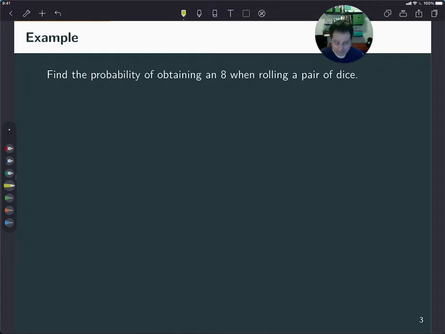The way I like to set this up is to distinguish between the 2 dice. I'm going to say I have 1 die in yellow that can land on any number between 1, 2, 3, 4, 5, and 6. Then I have another die in orange that can also land on any number between 1 and 6.